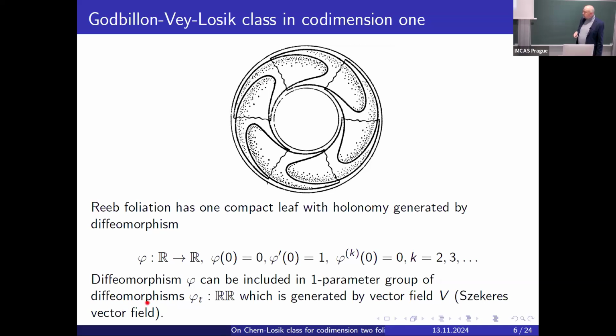Moreover, these diffeomorphisms can be included in a one-parameter group of diffeomorphisms phi t. And this one-parameter group is generated by some vector field. So in other words, we can construct a Reeb foliation using some vector field. Any vector field gives some Reeb foliation.